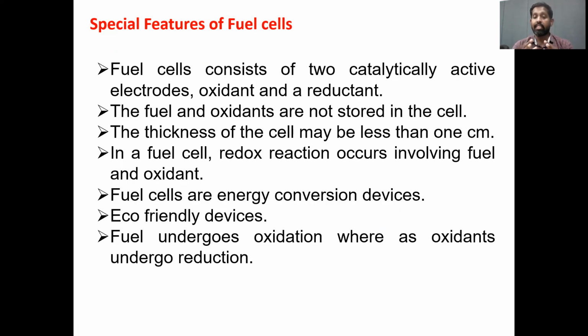In a fuel cell, the redox reaction always happens between the fuel and oxidant. Fuel cells are energy conversion devices; we are not storing any energy here. It's an eco-friendly device. As I told in the beginning, the fuel undergoes oxidation, whereas the oxidant undergoes reduction. This redox reaction makes the generation of energy possible.